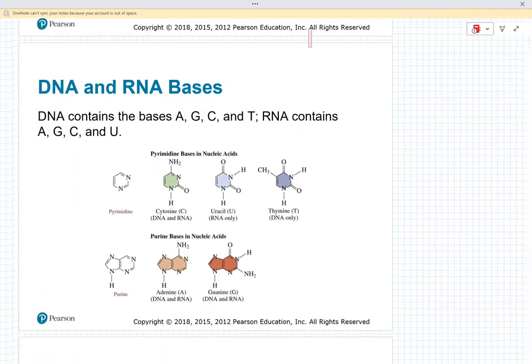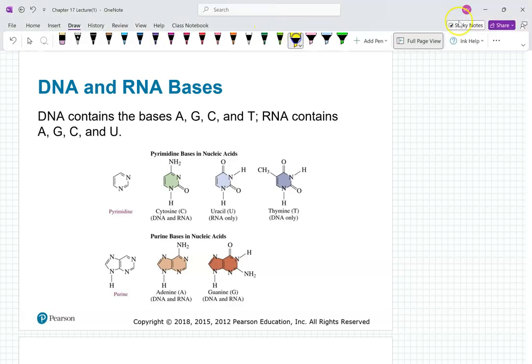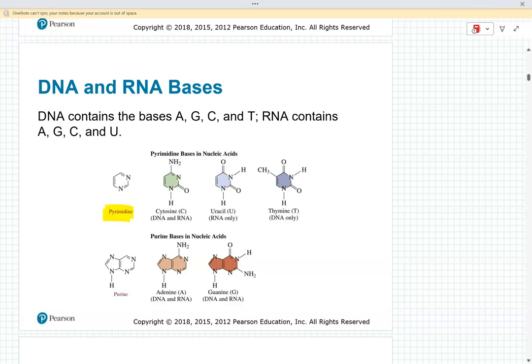So on top here, you can see 3 different pyrimidine bases. You can see that in each case, the pyrimidine nucleus, the 6-member ring, has some kind of substituents, okay, it's cytosine. Uracil has different substituents, and thymine has different substituents.